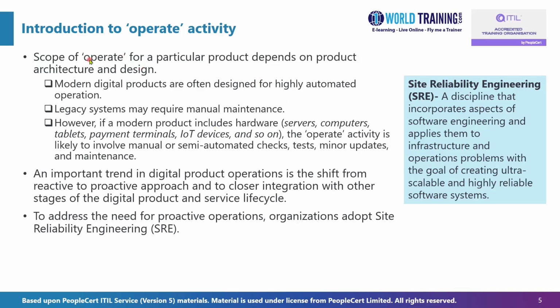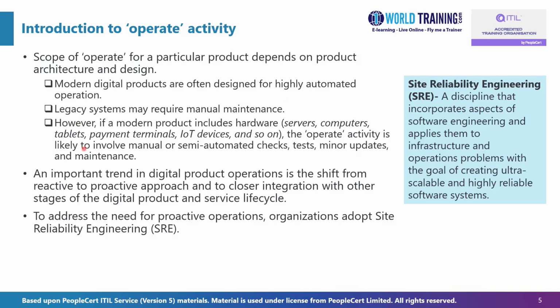So here we see on the left side, the scope of operate for a particular product depends on product architecture and design. And modern digital products are designed for highly automated operation, but legacy older systems may require manual maintenance. But even if a modern product includes hardware, then the operate activity is likely to have some manual or semi-automated checks as well, and similar tests, minor updates, and maintenance that are manual or semi-automated.